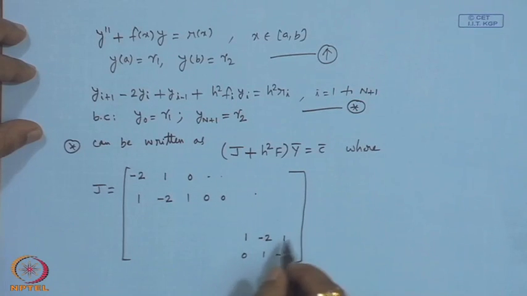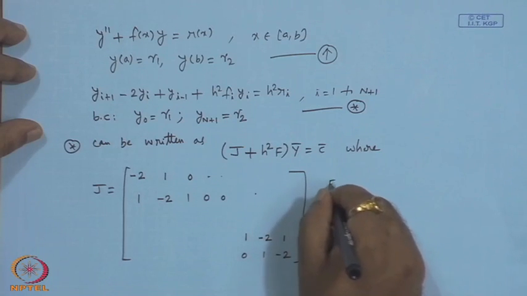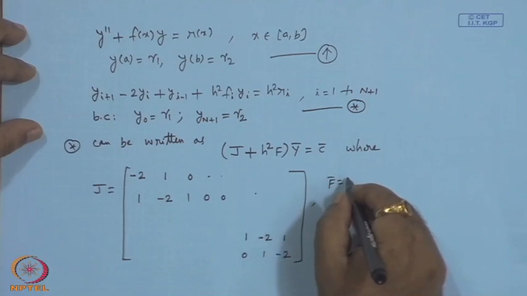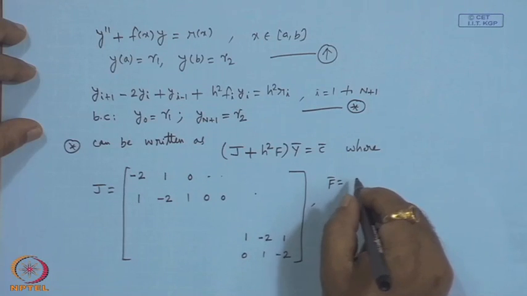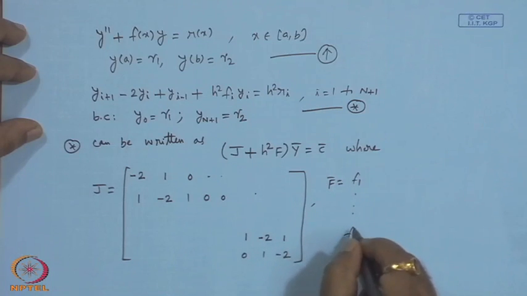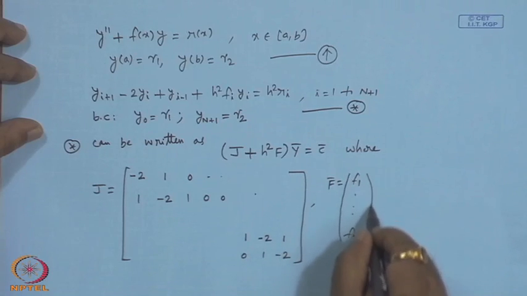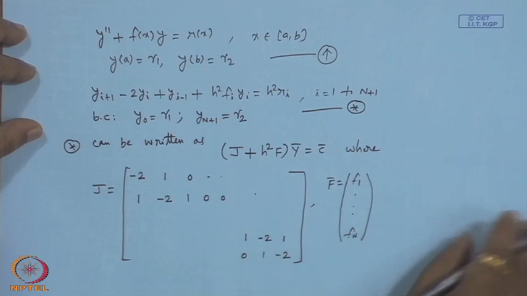So, we get this, and f bar contains f 1, f n, okay.